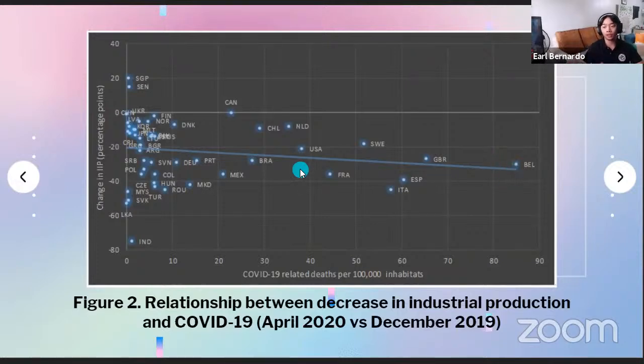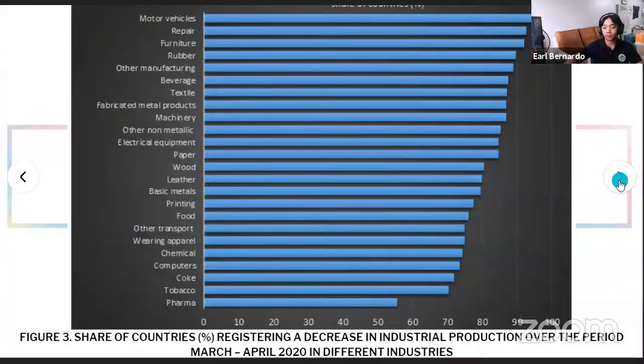So it does not necessarily translate na if you have more deaths is mas malaking impact sa'yo in terms of industrial production.